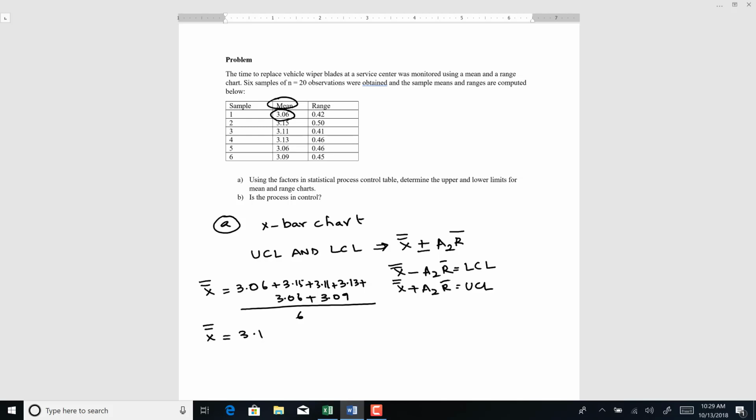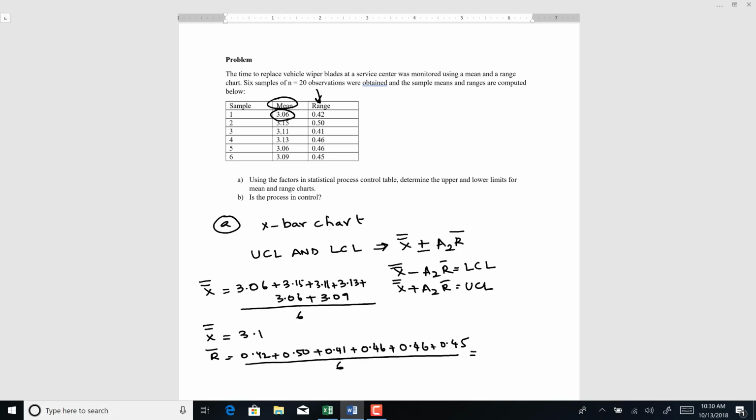Next we have to calculate R bar. R bar is the average of sample ranges, so I will take the average of these numbers: 0.42 plus 0.50 plus 0.41 plus 0.46 plus 0.46 plus 0.45, divided by 6.